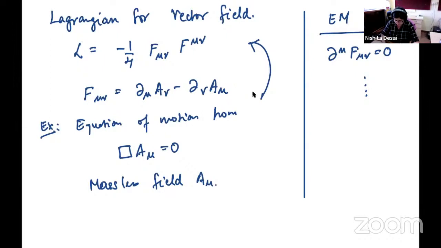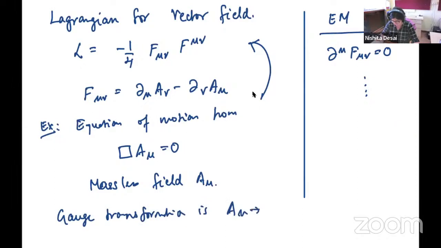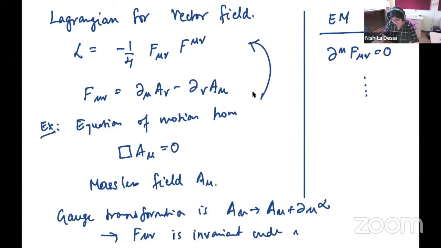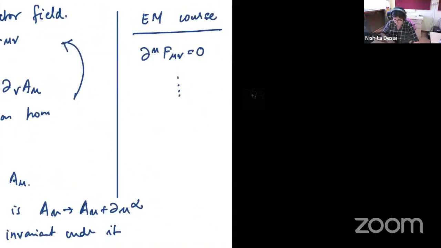Okay, so another thing to note is that if your gauge transformation is this, then you see already that F mu nu is invariant under it. Right? Because you have del mu A nu minus del nu A mu.